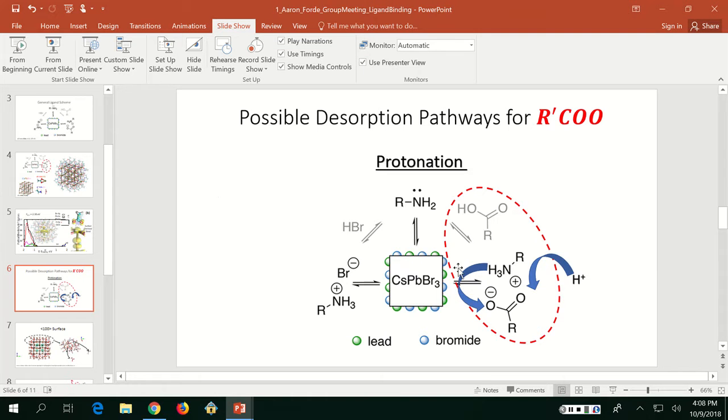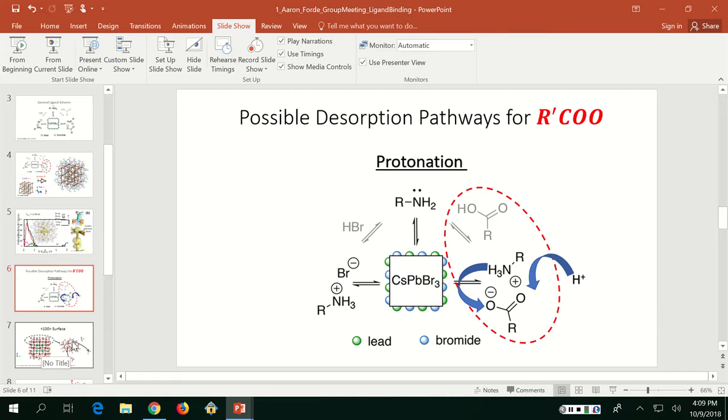So if you have these acetate anions bonded, the two ways that I see that it can desorb: it can either take a proton from the protonated amine that's in the vicinity of it, or it can just grab a hydrogen that's hanging out somewhere in the solvent sphere and randomly comes in. And the acetate ion could take that one as well. Those are the two general schemes that I thought of when trying to compute binding energies.